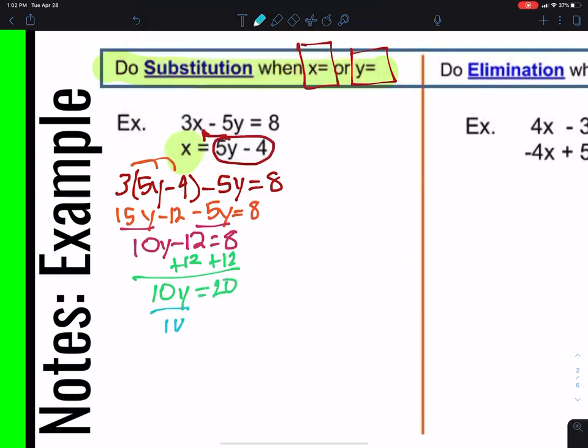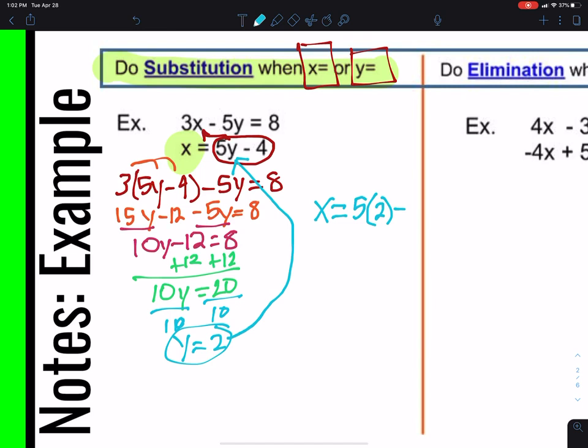Divide by 10 on both sides. Oops, that's a 10. y equals 2. So now we figured out what y is. Now we need to figure out what x is. We're going to take our y and plug that into the bottom equation because it's already set equal to x. So we have x equals 5 times our y, which was 2, minus 4.